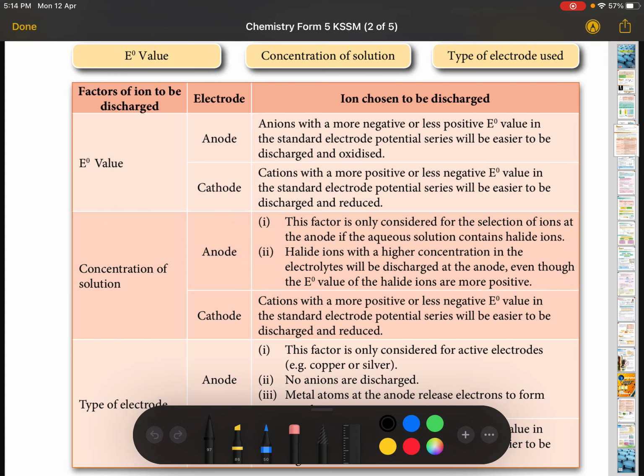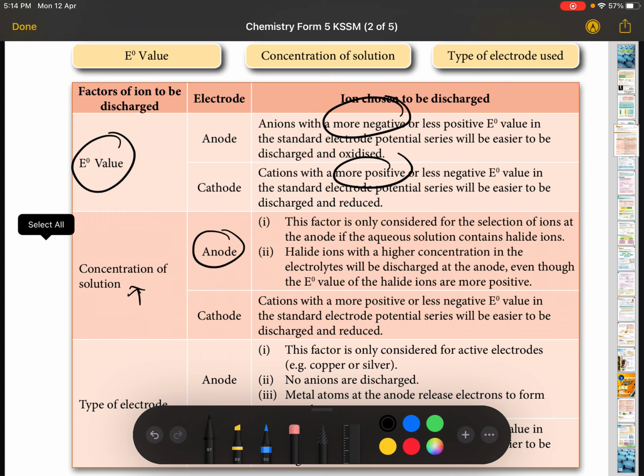This is the fancy word for E0 value, which is: cathode, find the more positive; anode, find the more negative. But then at the anode, for concentration, if it's a halide, you have to consider this factor.